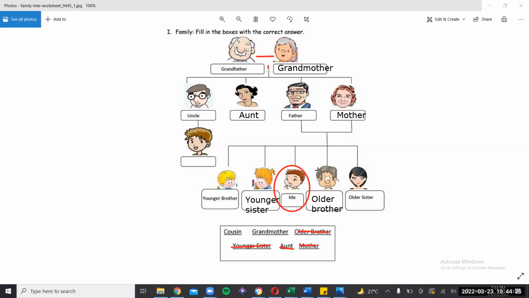And the line going down here, that will tell you their kids, right? So in this case, they actually just had 2 children. They had your father and they had your aunt. So they had a boy and they had a girl.